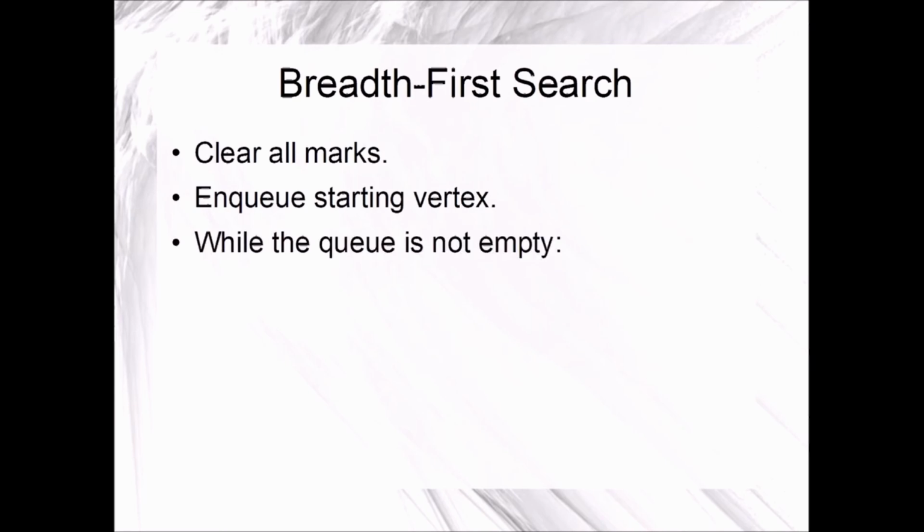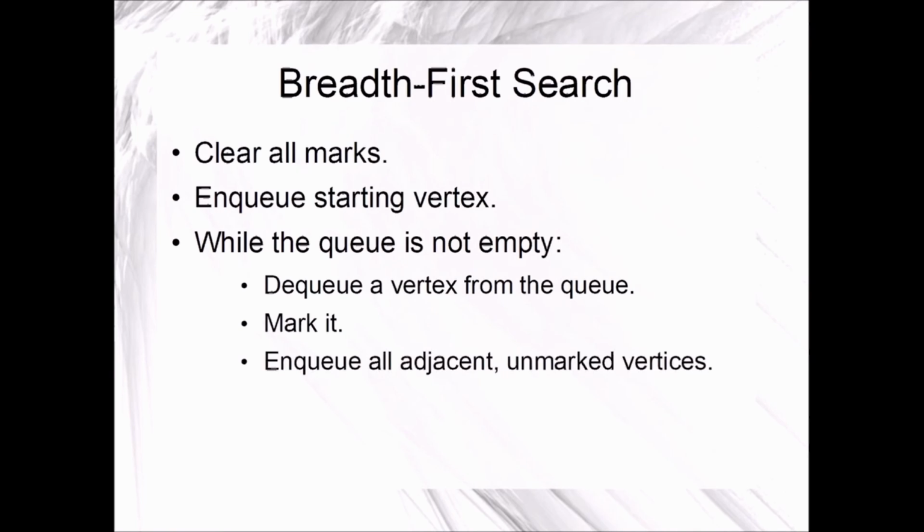Once the marks have been cleared, we'll enqueue the starting vertex into the queue. That will complete the first phase of the algorithm. The next phase is going to be made up of a loop. So long as the queue is not empty, the algorithm dequeues a vertex from the queue, marks it, and then it enqueues all adjacent unmarked vertices.